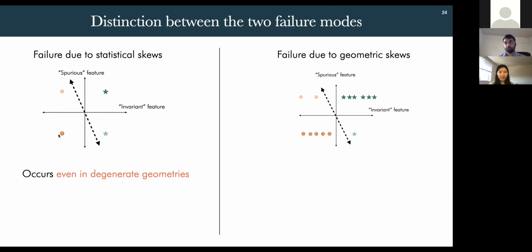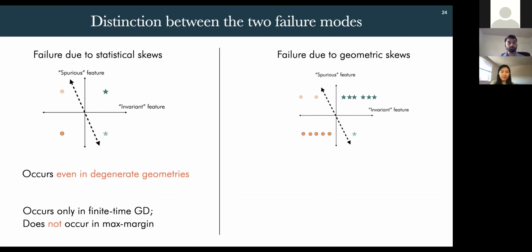And at the same time, it occurs only due to some sort of bias in finite time gradient descent. But if you were to train gradient descent to infinite time, this particular failure mode will stop affecting the performance because it will converge to the max margin classifier.